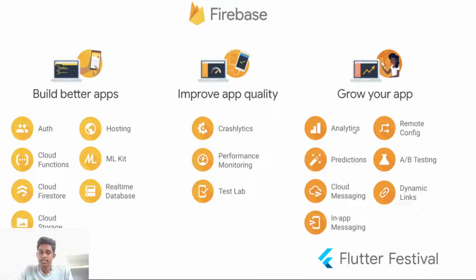And Predictions is an option which helps the developer predict what is apt for the user. Let's take Flipkart. The Flipkart homepage is not similar for all users. I may get some recommendations on the homepage, and you may get some different recommendations. All those things can be made using Predictions.